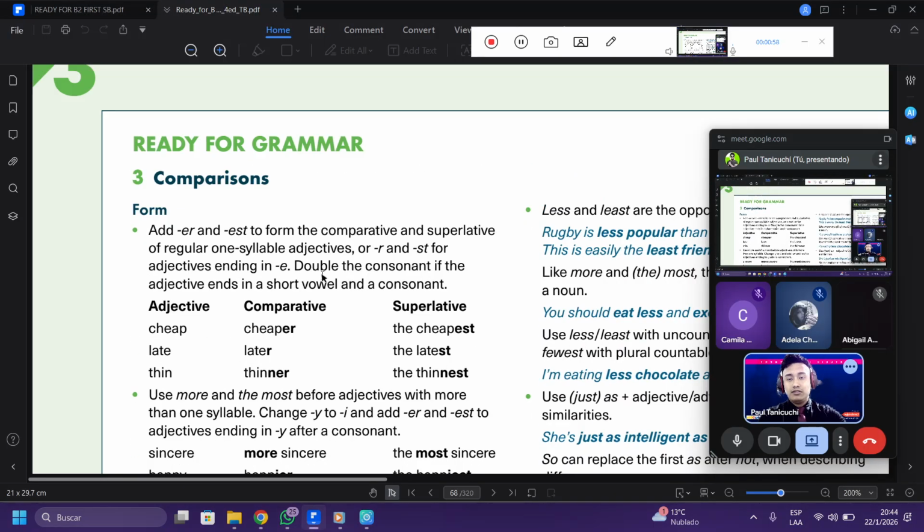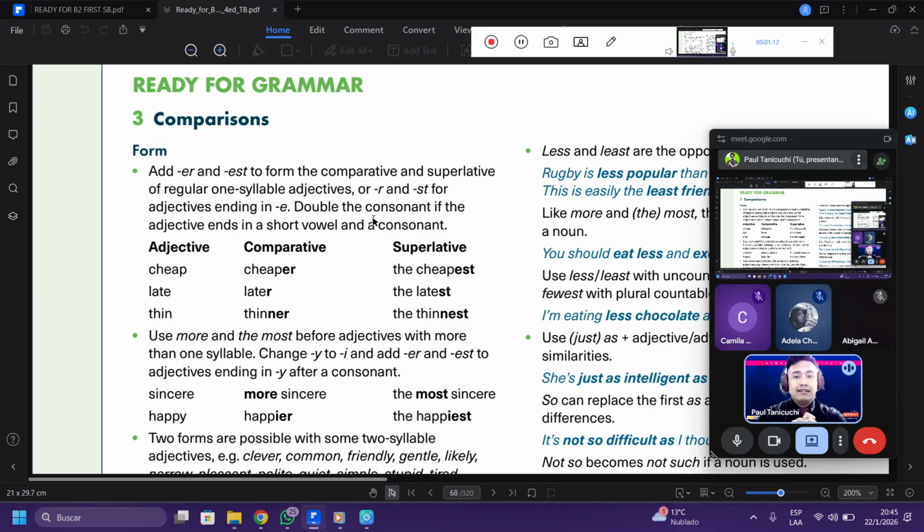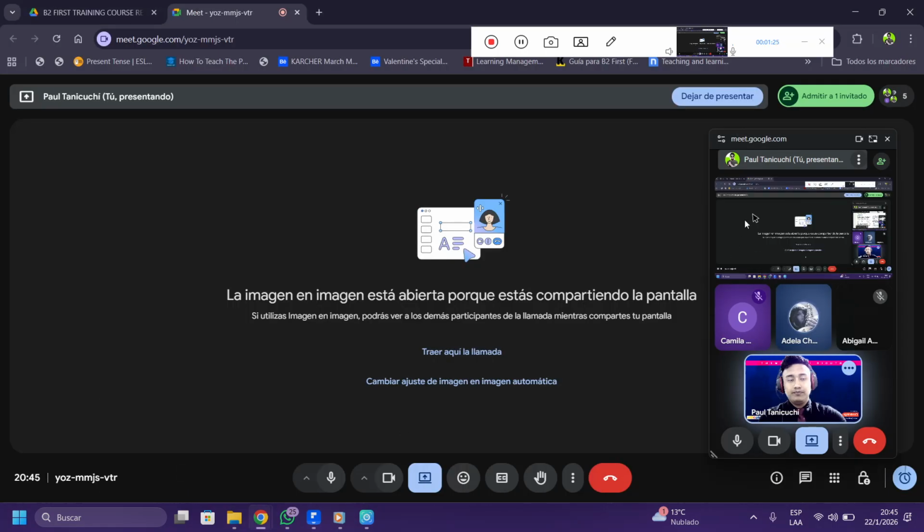So please, for those who have just joined, we're going to work right now on page number 208 of our student book, please. Okay, please, my dear Adela, can you help me out reading the first part? From comparisons? Yes, from comparisons.